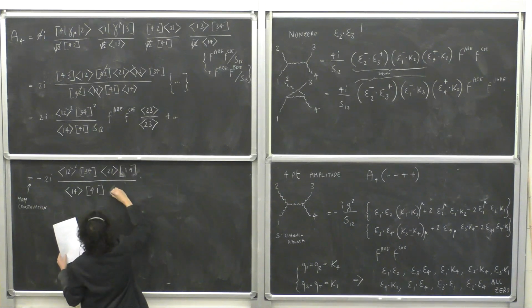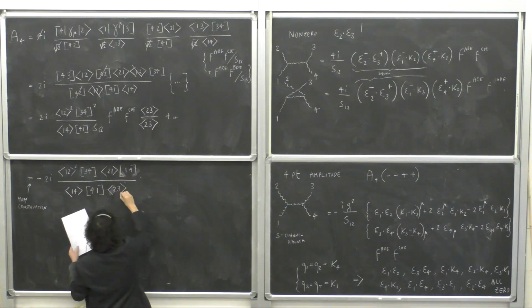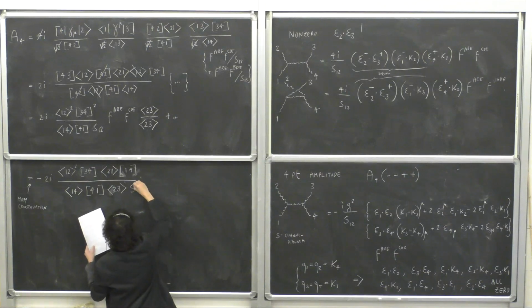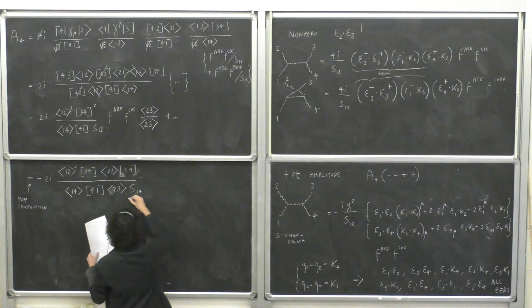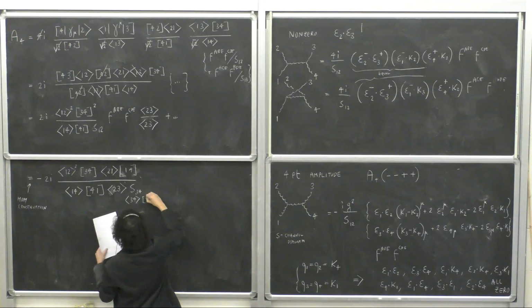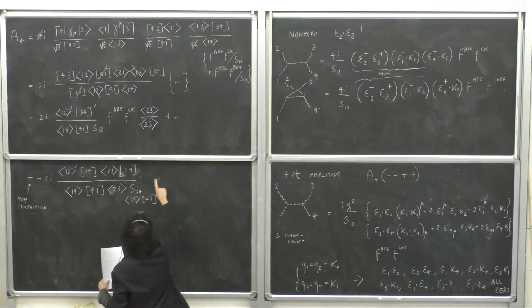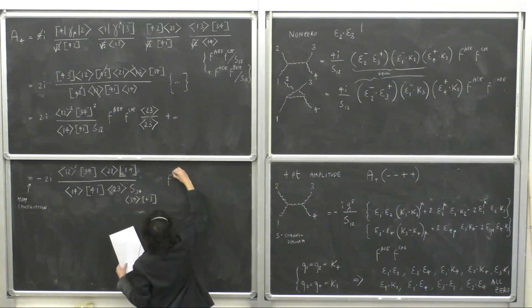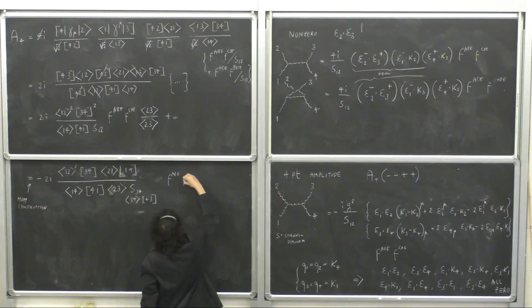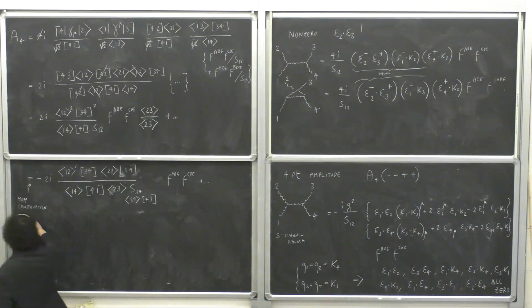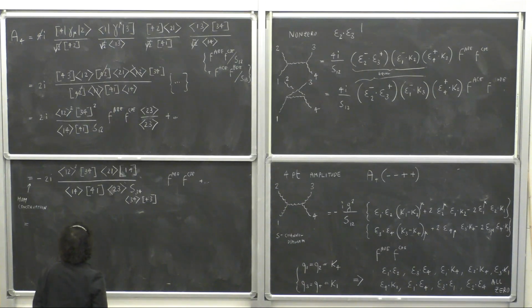Okay, there is still the ⟨2 3⟩, which I like to keep, and then I would like to express S12 as S34, same thing, which in turn is ⟨3 4⟩, ⟨4 3⟩. Okay, and this will be F^{ABE} F^{CDE}, plus the other term.